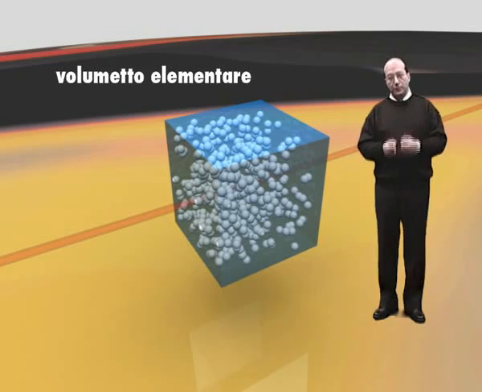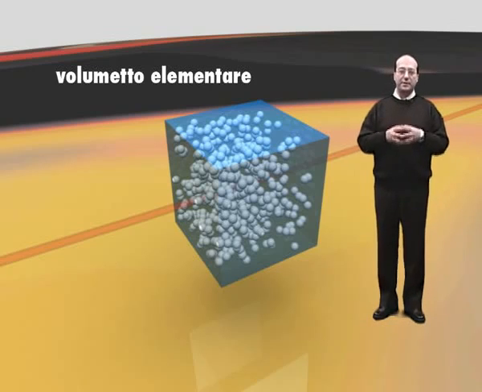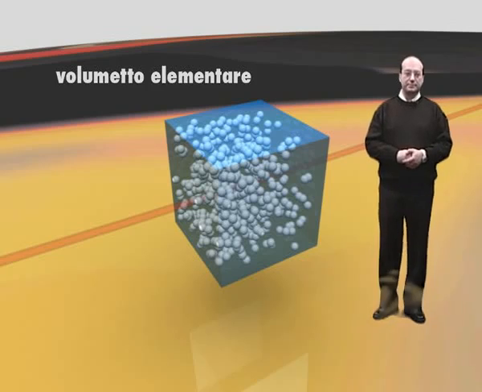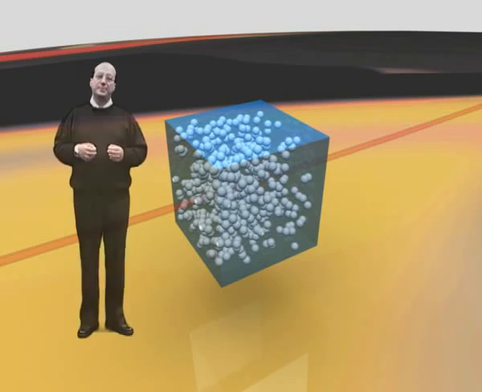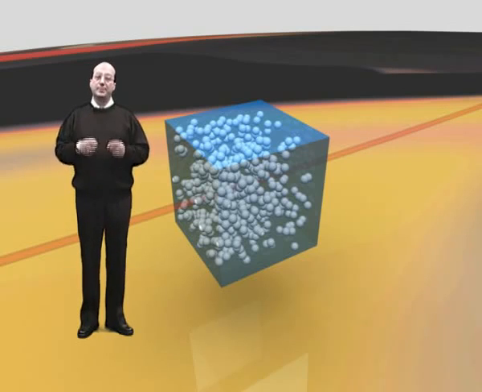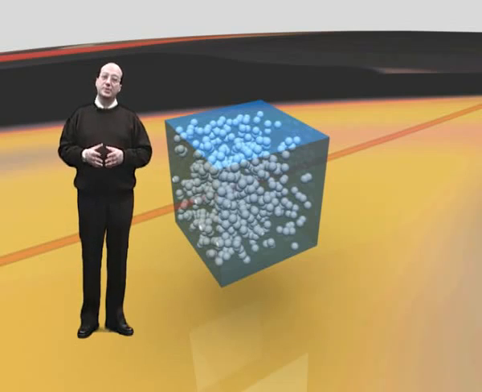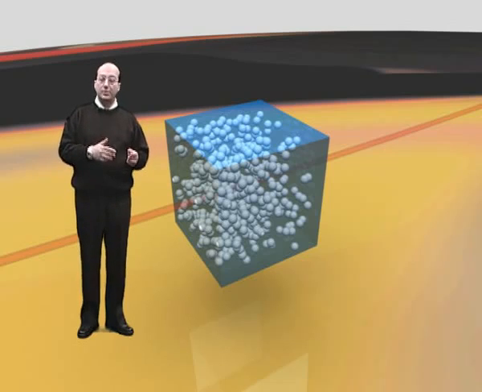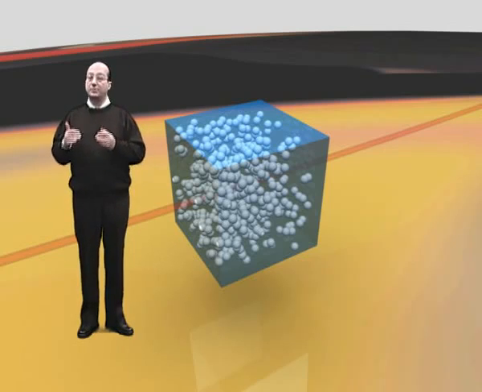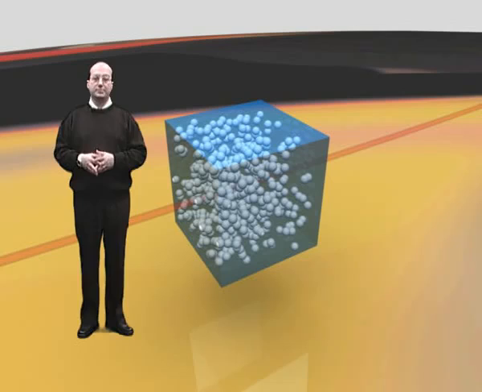The speed of the fluid in a point will be the average speed of the molecules contained in the elementary volume. The elementary volumes of fluid, that we call particles of fluid, obey Newton's second law of motion. The acceleration of the volume depends directly upon the net force acting on it.